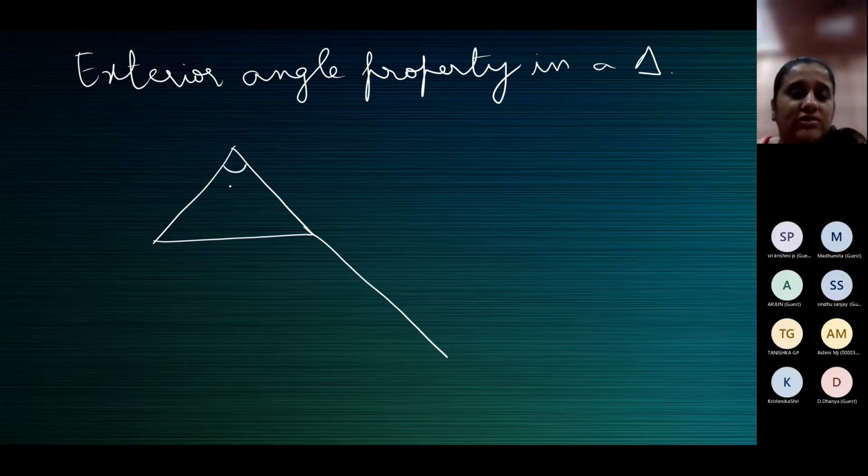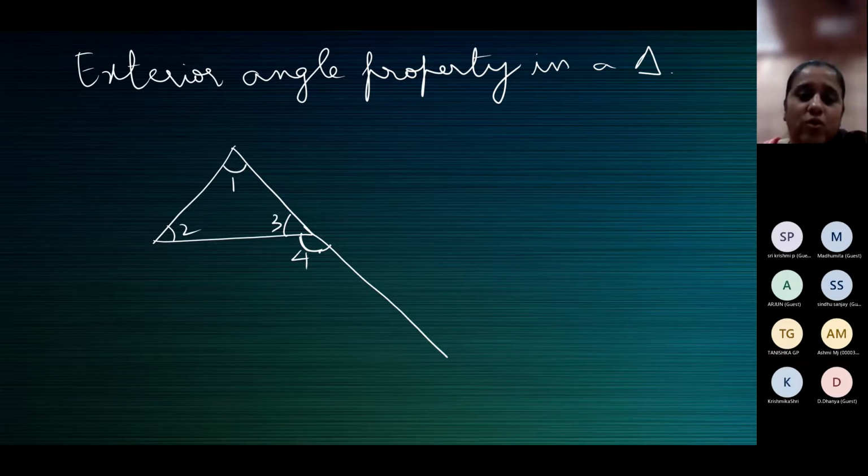Let's call this angle 2, angle 3, and this is angle 4. One side of the triangle is produced and the exterior angle 4 is formed.